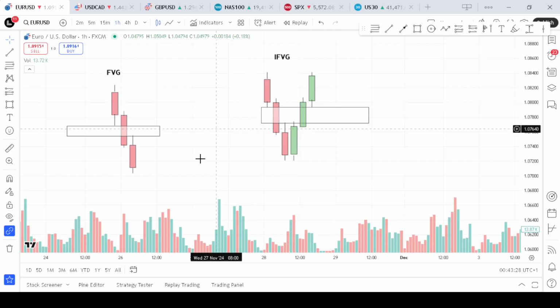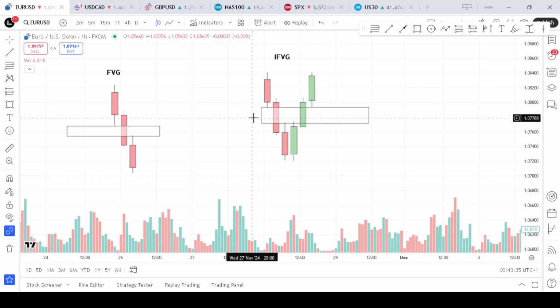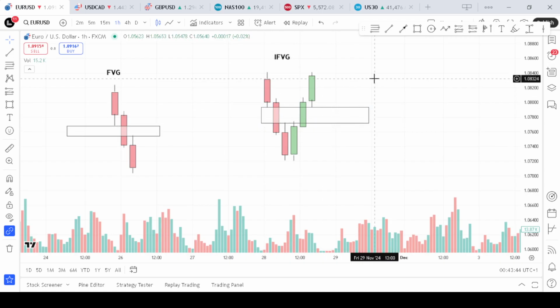Now, what is the structure of an IFVG? That's an inversion fair value gap. It forms when three consecutive candles create a pattern. The gaps become particularly significant because they often indicate potential reversal points in the market. This particular area, when price gets to it, is a strong reversal point.